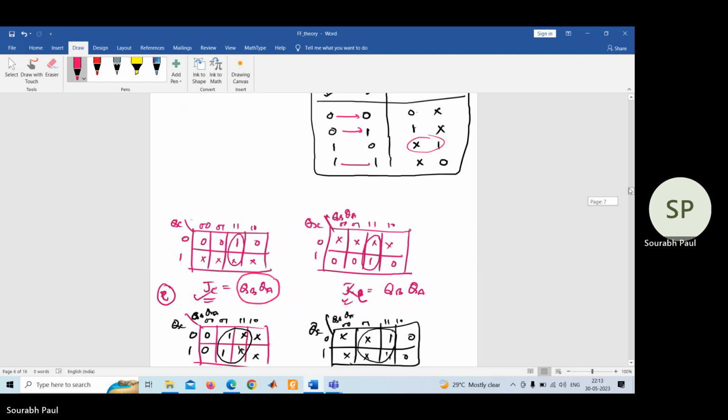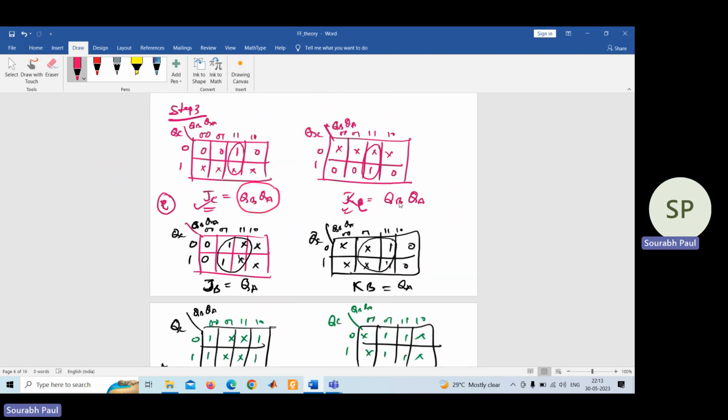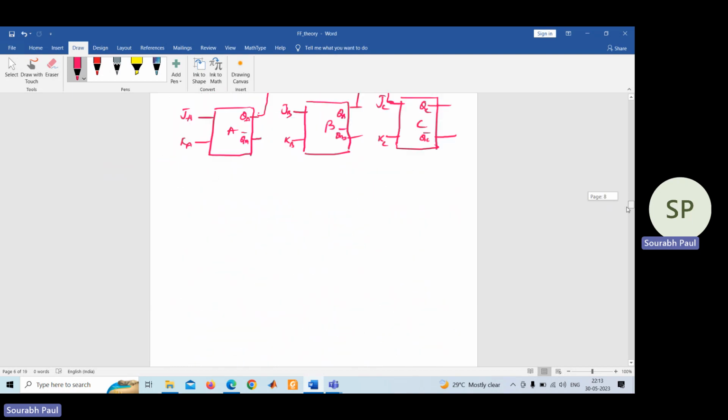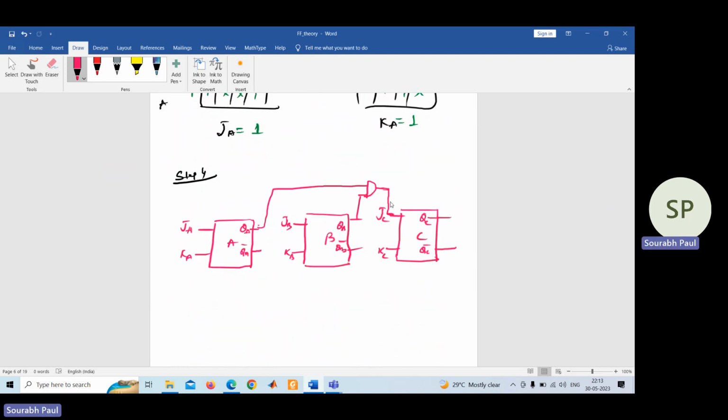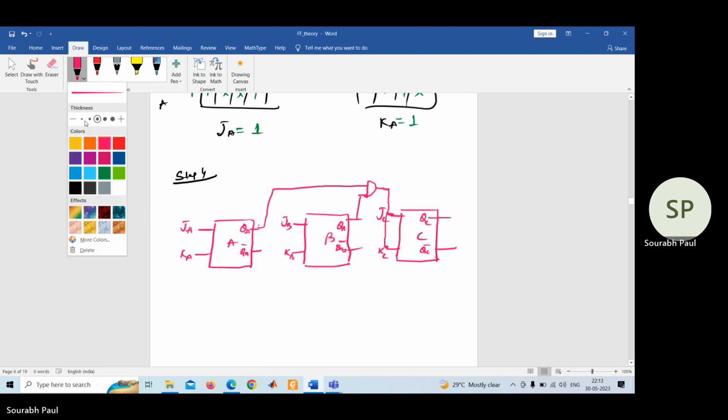Now, for KC also, what did you get? You got QB and QA. So the QB and QA result we are already having here, so you can make it short. It means KC is also having this input of QB and QA. Now check the next one.